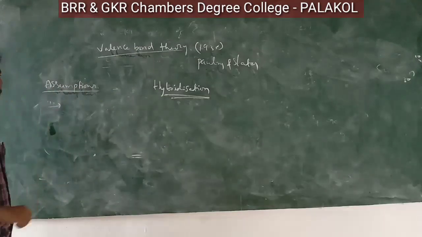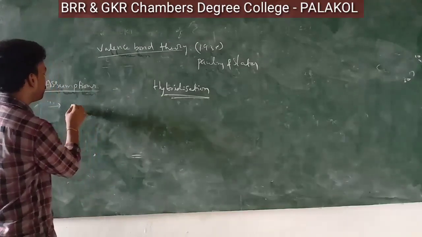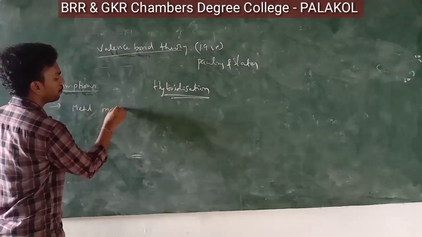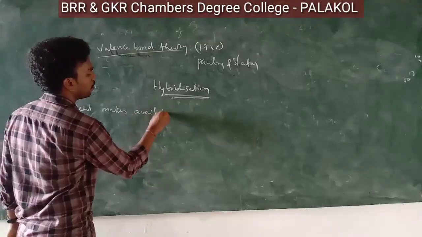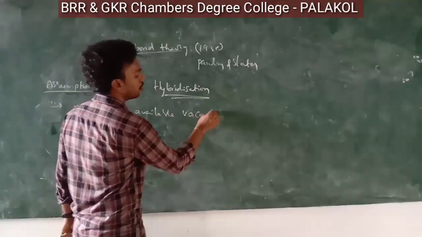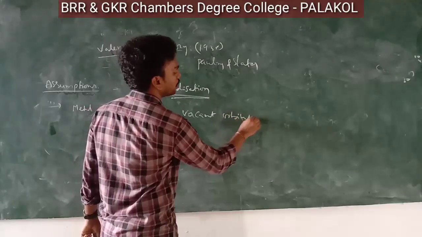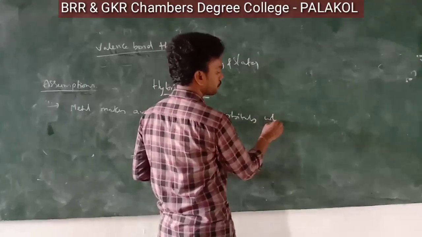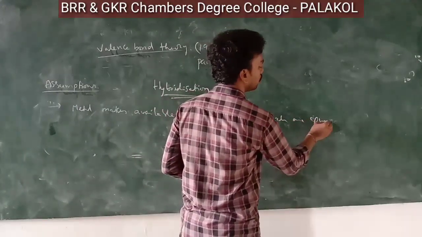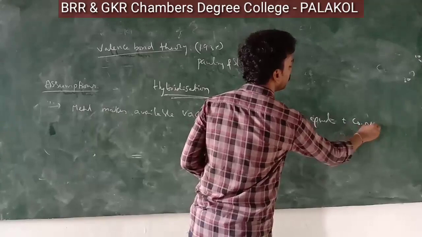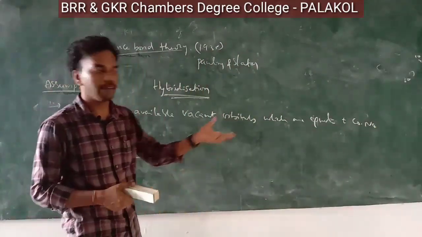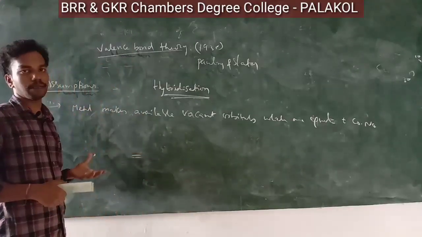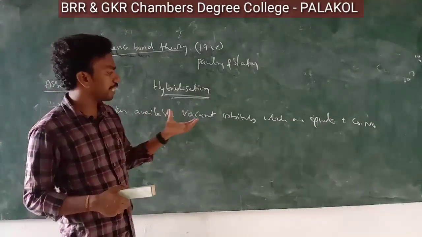First assumption: the metal atom makes available vacant orbitals, equal in number to its coordination number, for accepting electron pairs from the ligands, forming covalent bonds.